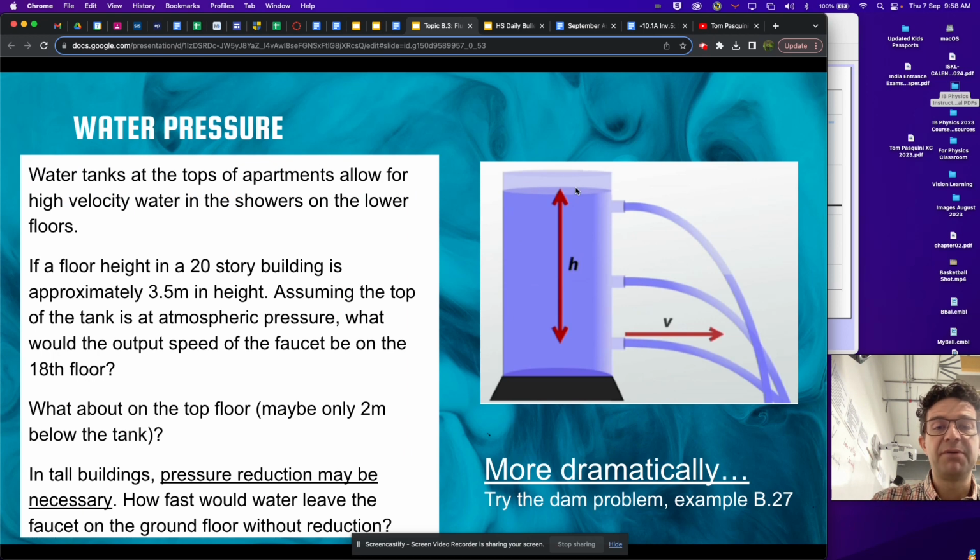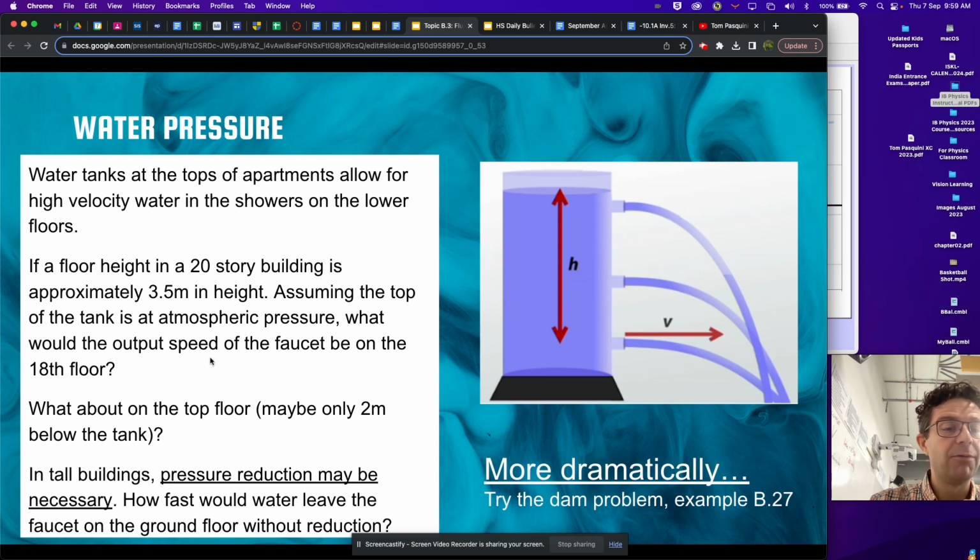And the top of this water tank is going to be at atmospheric pressure. And then it's going to say, assuming that that's at atmospheric pressure, what would be the output faucet speed on the 18th floor? So we can think of this like a hole in the side of the bottle, as like a shower head that's on the 18th floor. And then maybe this is a shower head on the 10th floor, and this is like a shower head on the second floor or the first floor, right?